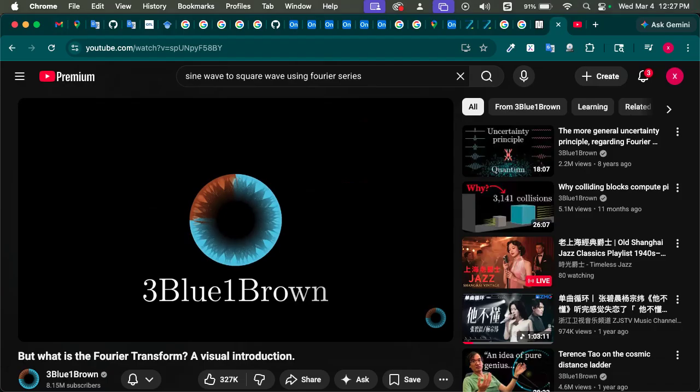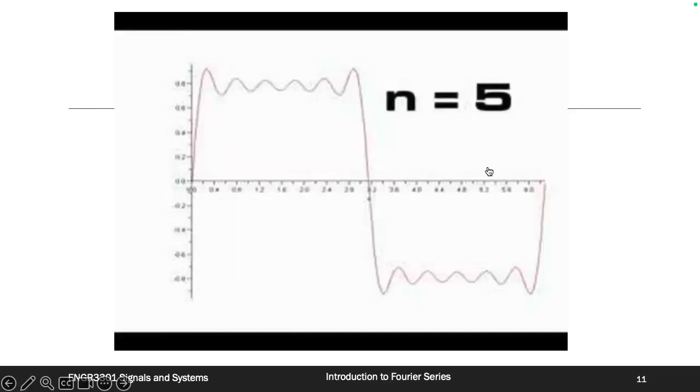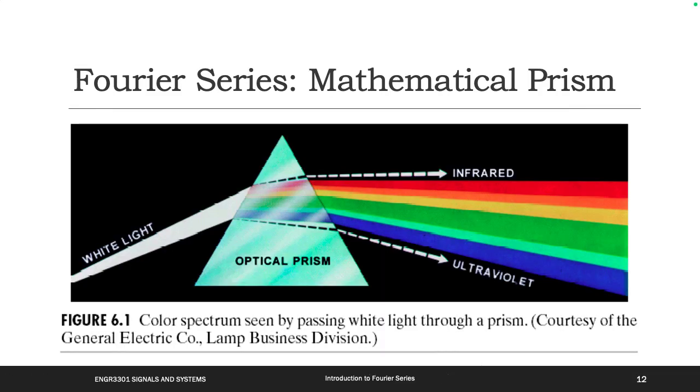Let's check another example. Here you can see white light. We all know the natural white light. After the white light goes through an optical prism, you can see it is formed by seven different colors.